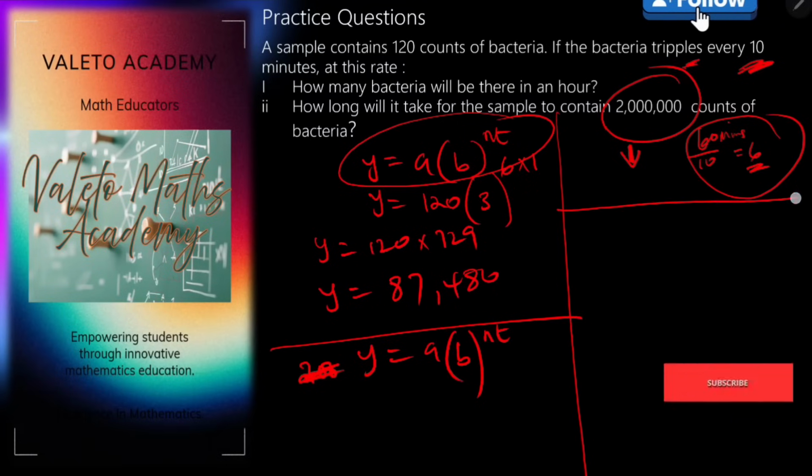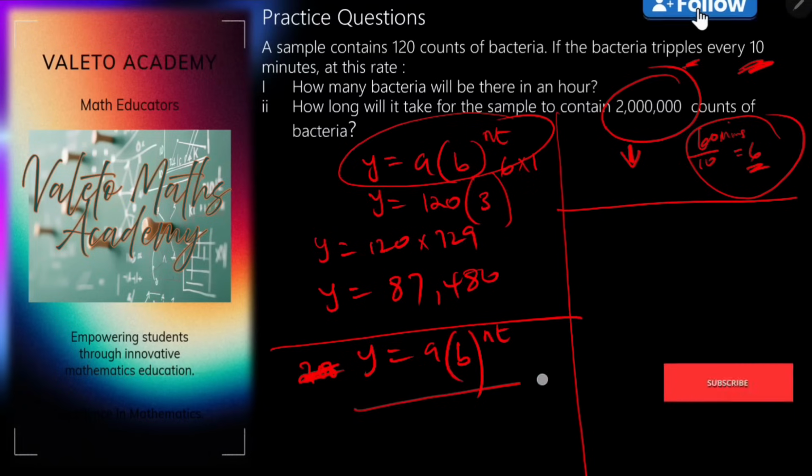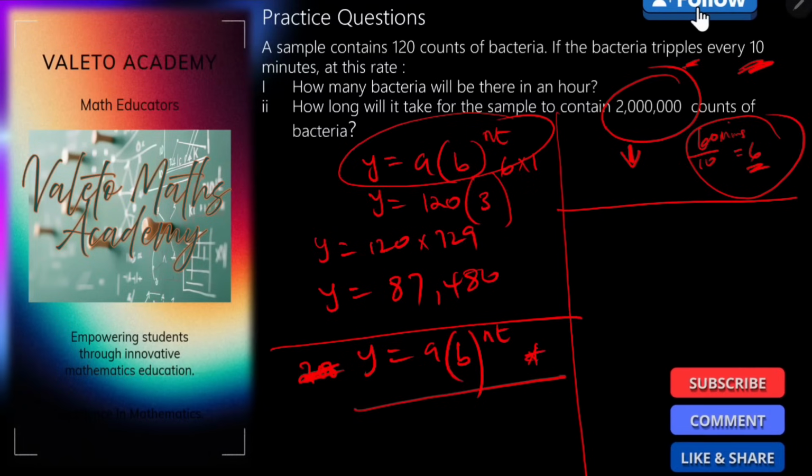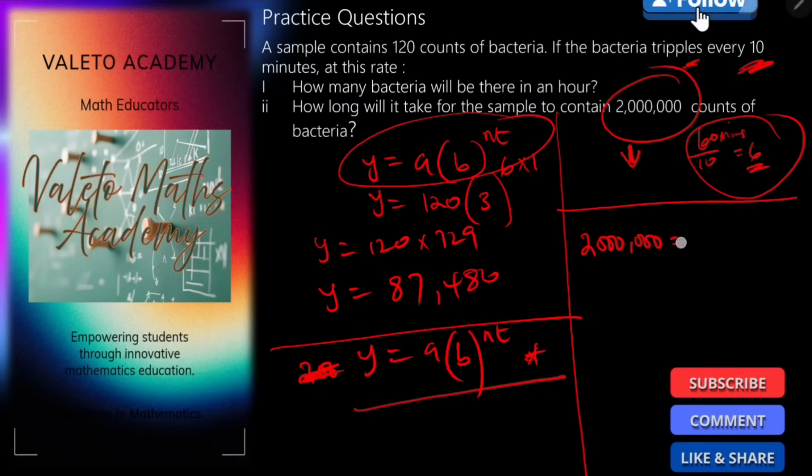So if we move this solution to this part, we can then say that if we want to substitute our figures here, y is now 2 million, is equal to what?